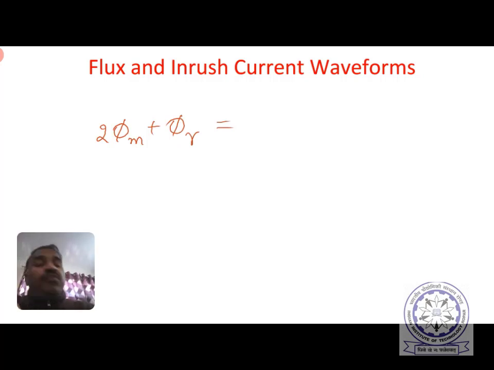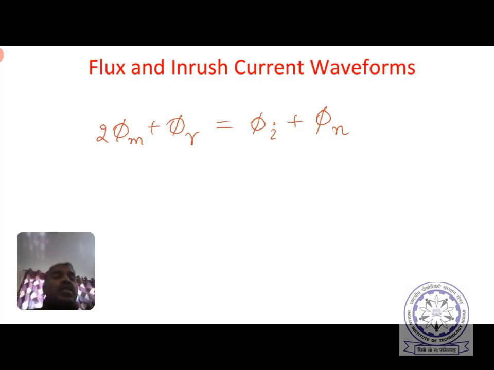Now 2 phi m plus phi r has two components, one is phi iron plus phi n. Now here the maximum flux density in the iron, or saturation flux density, is normally known.